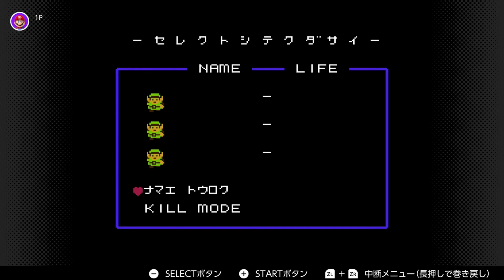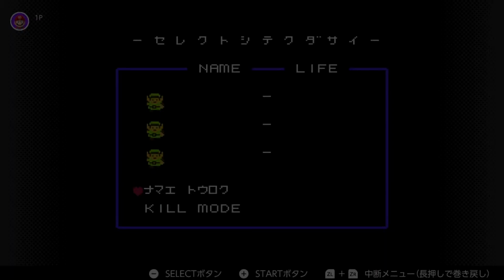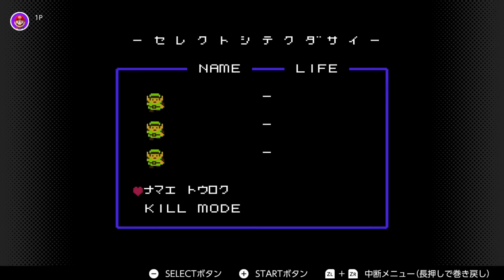And toroku is a kanji compound, here written simply in katakana as everything else. Also, the word namae, despite being a compound of Japanese terms, is also written in kanji usually.